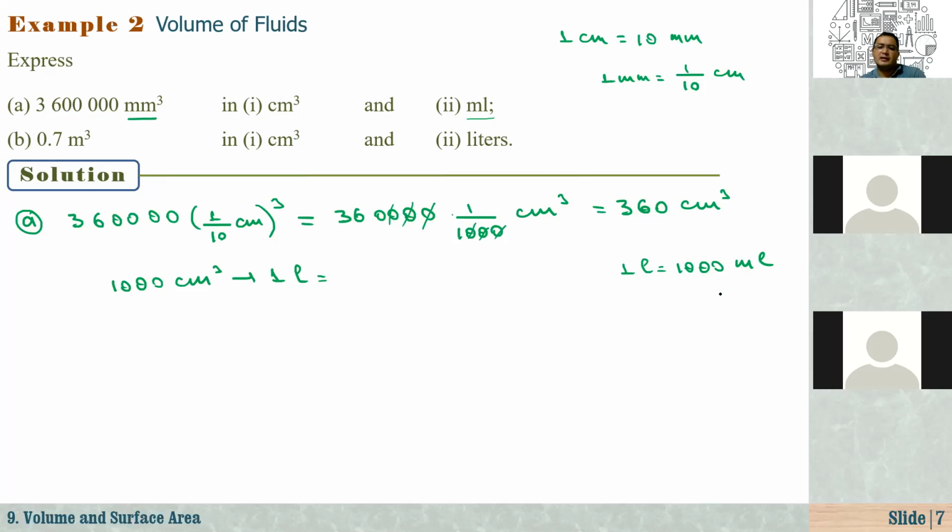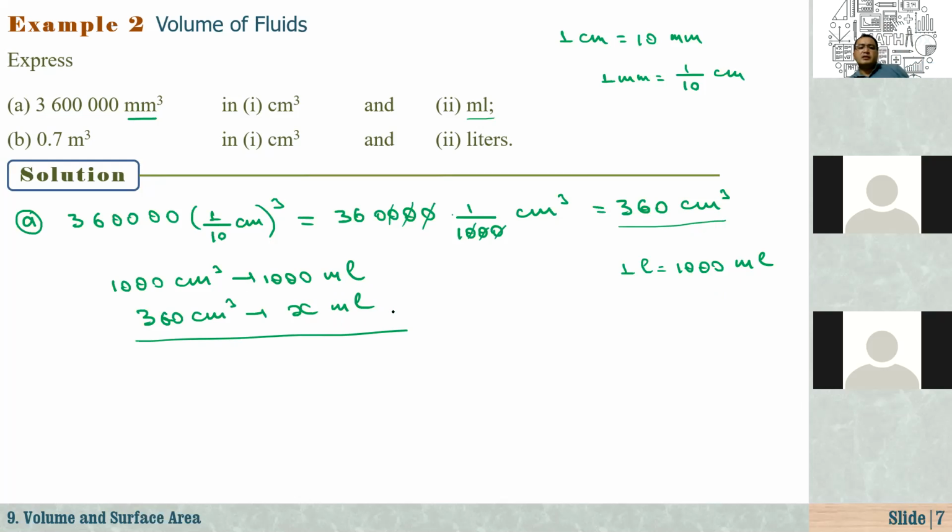Because milli means 1,000ths. So instead of 1 liter, I can just write here 1,000 milliliter. And what is the question? I had to change this 360 cm cube into milliliter. So here we have 360 cm cube is how many milliliters? And cross multiply. Here we have 1,000.